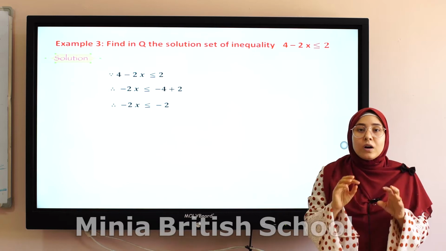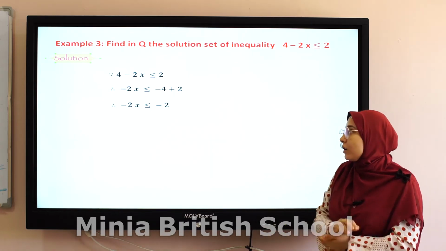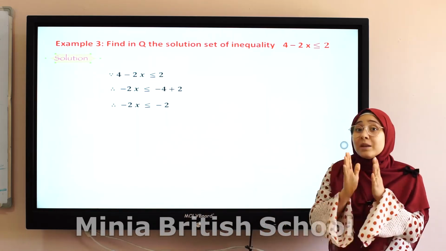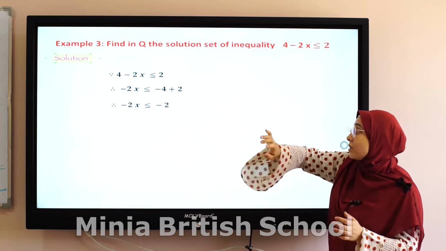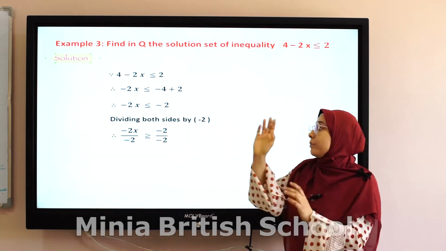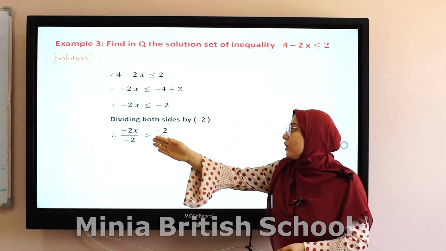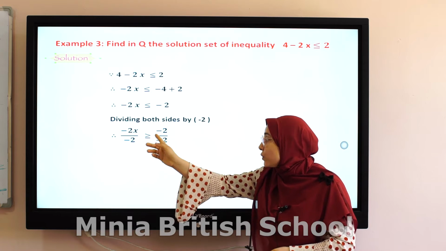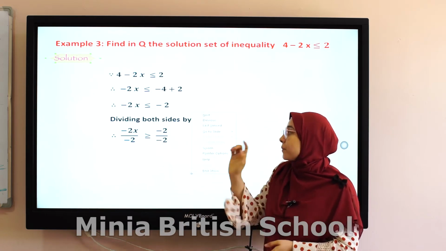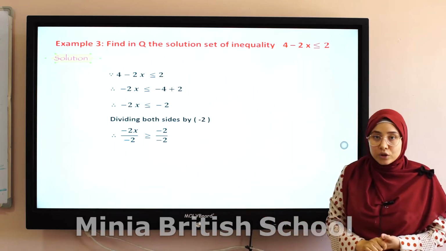Now I need to divide by -2. But take care, here I will divide by a negative number. So I must change the sign of the inequality, because I am dividing both sides by a negative number. So -2x divided by -2 is greater than or equal, okay? The opposite sign. Greater than or equal to -2 divided by -2.